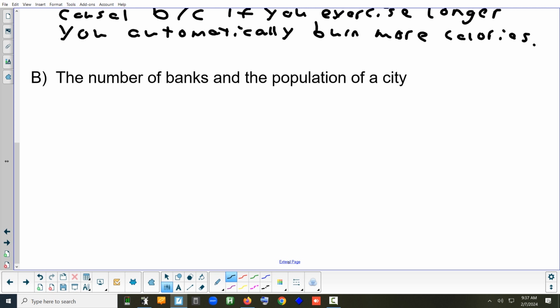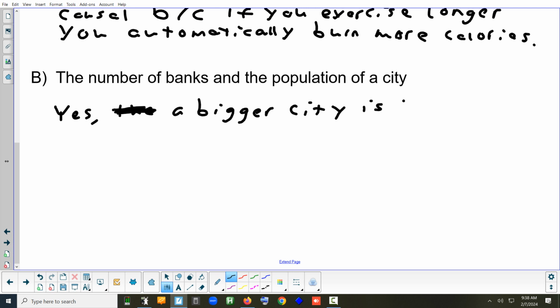It's not automatic. So you could argue it different ways, but I would argue, is there a correlation? I would say yes. A bigger city is likely, not a guarantee, but likely, to have more banks.